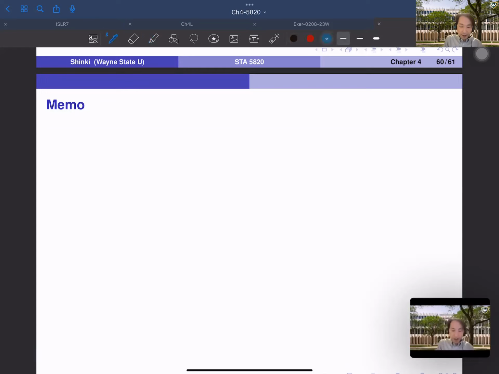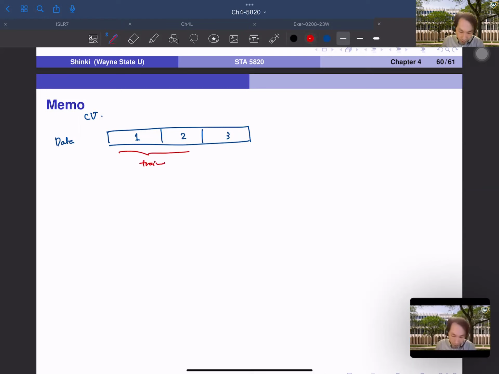So to be exact, cross-validation, I will explain it in a later chapter, is a method for evaluating test error size. If we have data, we divide the data set into subsets 1, 2, 3. We use the first two as training, for example, and the last one as test. And we repeat this 3 times with different settings.